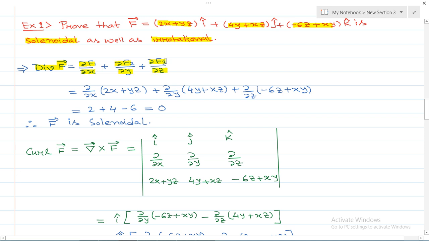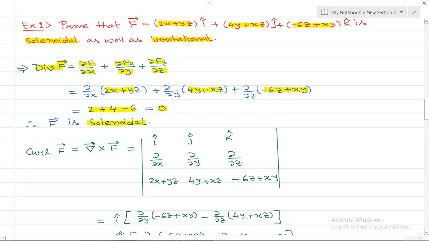What are f1, f2, f3? These are the three components that come with i cap, j cap and k cap respectively. So del x of f1 is 2x plus yz, del y of f2 is 4y plus xz, and del z of minus 6z plus xy. If we find the partial derivatives, the result after the calculation is equal to 0. So we can see that f vector is a solenoidal vector point function.